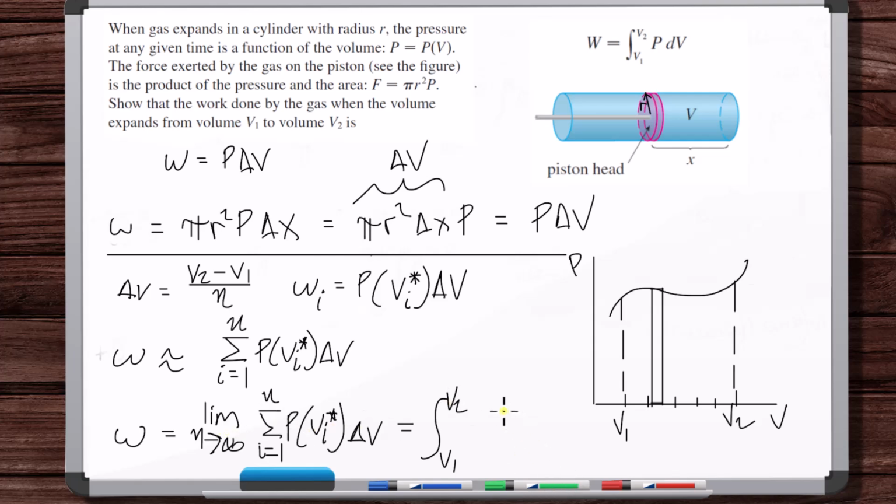So we just put P of V. Now, as n goes to infinity, delta V gets infinitesimally small, so we put dV. And there you go. The work is equal to, there's the formula.